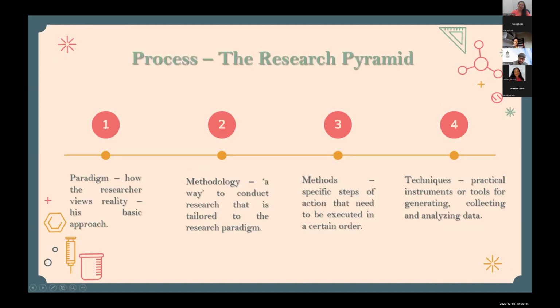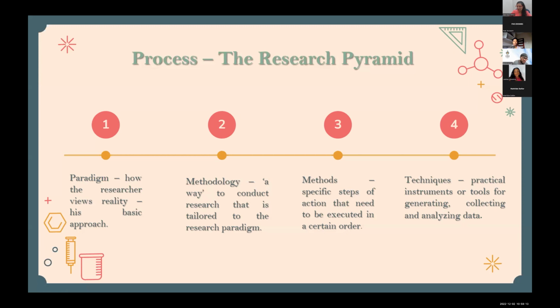So here we won't start from one, but from number 4. So what are research techniques? These are the practical instruments or tools for generating, collecting, and analyzing data. What are the techniques you are using? And from there on, you would move on to methods. What are the specific steps of action that need to be executed in a certain order, right?